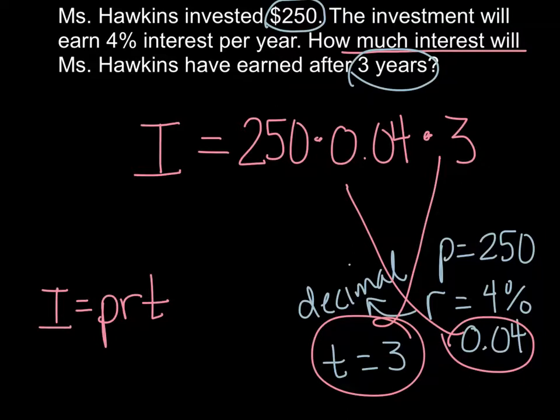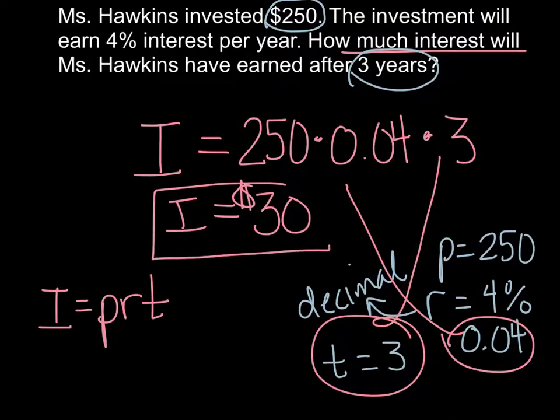Just use your calculator to get an answer. 250 multiplied by 0.04 multiplied by 3. That gives me $30. Interest earned on a 3-year investment is $30.